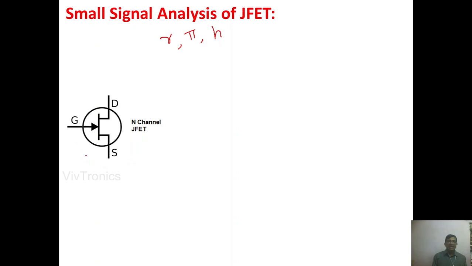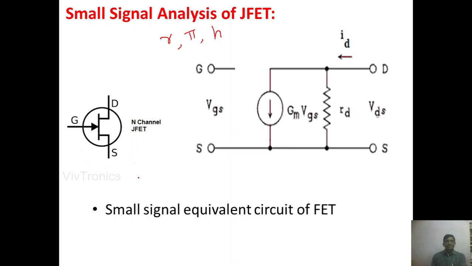So this is the N channel JFET, and this is the small signal equivalent circuit. In the small signal equivalent circuit of the JFET, we have only two components. One is a gm VGS current source, and rd, which is the internal drain resistance.